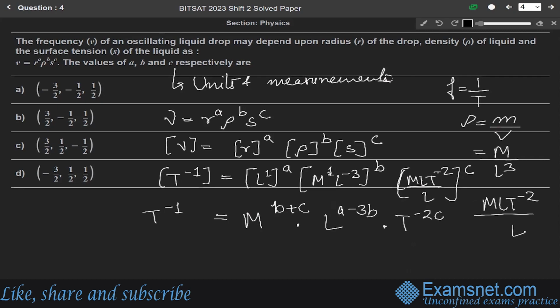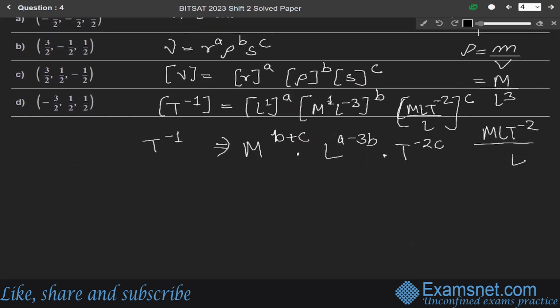So T^-1 will be equal to M^(b+c) L^(a-3b) T^(-2c). Comparing the LHS with the RHS, T^-1 is T only, so minus 1 will be equal to minus 2c.